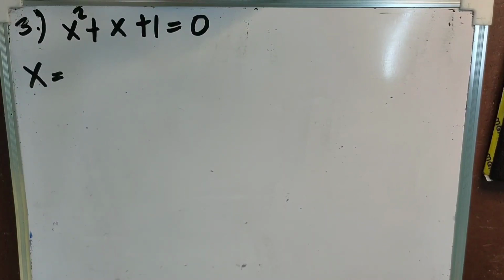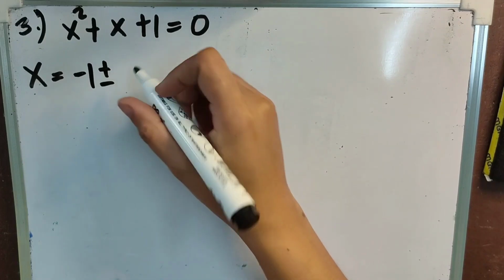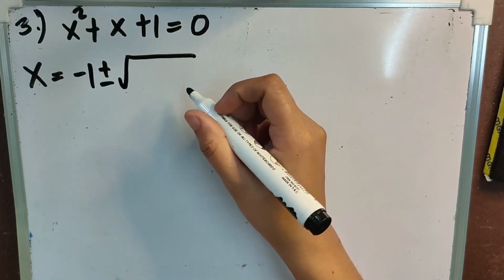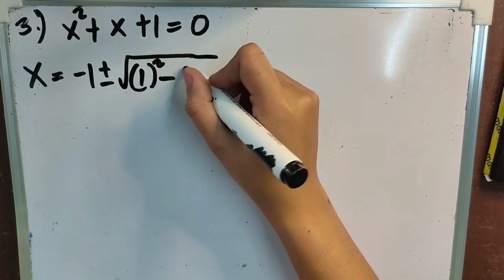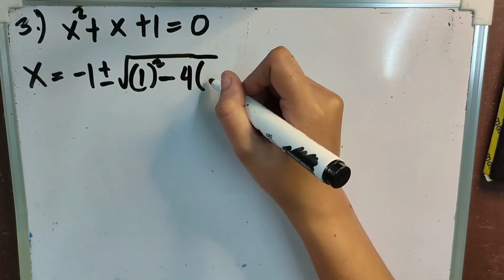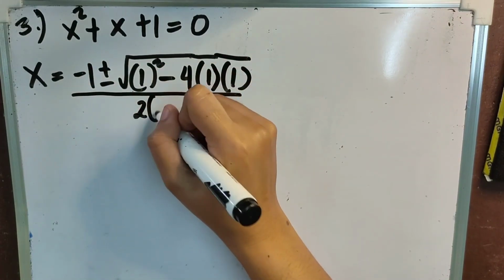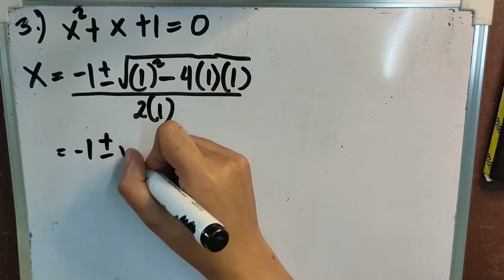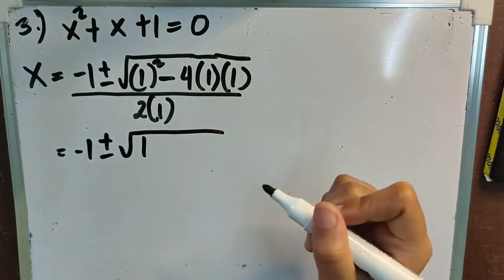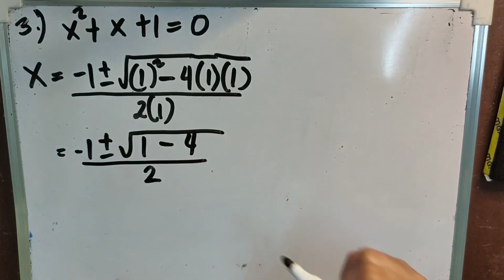X squared plus x plus 1 equals 0. Negative 1 plus minus square root of 1 squared minus 4 times 1 times 1 over 2 times 1. So we have negative 1 plus minus square root of 1 minus 4 over 2.